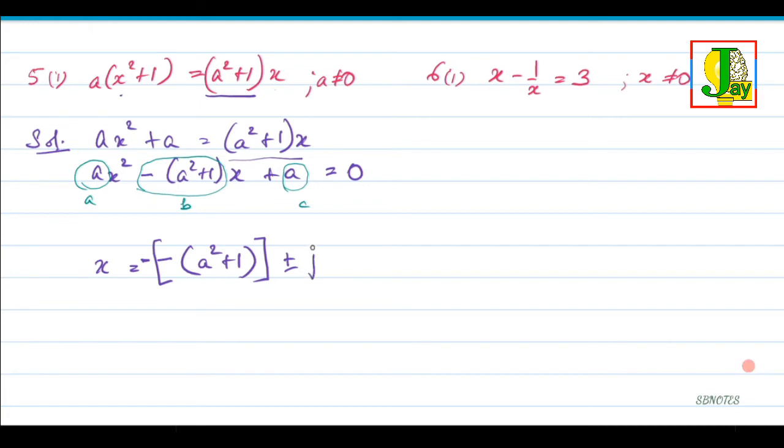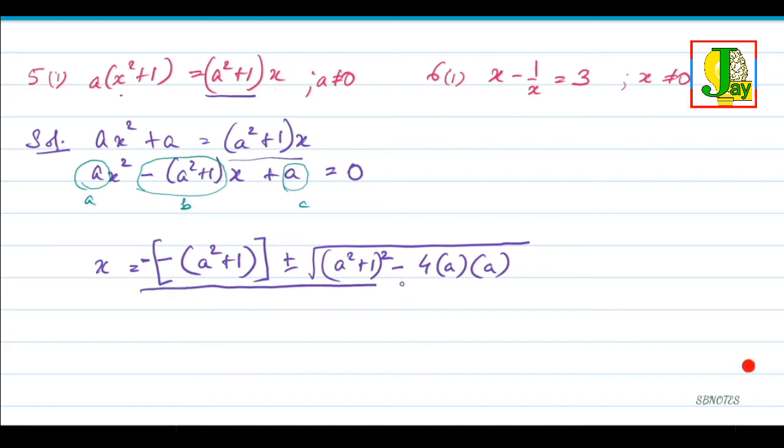Minus b plus minus root over b square. That means this term square, and minus gets plus, so we have a square plus 1 whole square minus 4ac. 4 into a is a and c is also a, by 2a, and a is a only, so you have plus a square plus 1 plus minus.